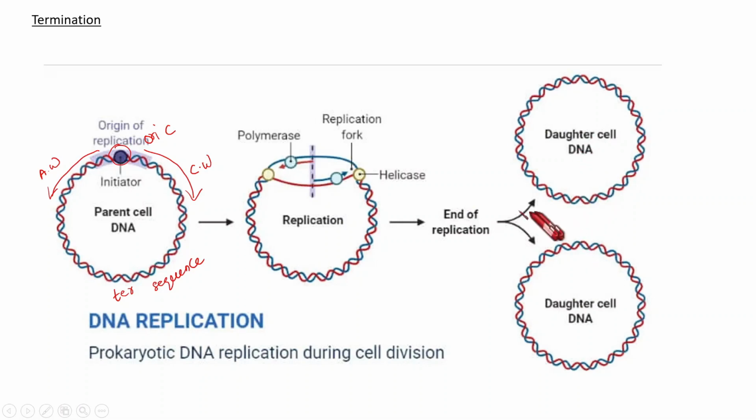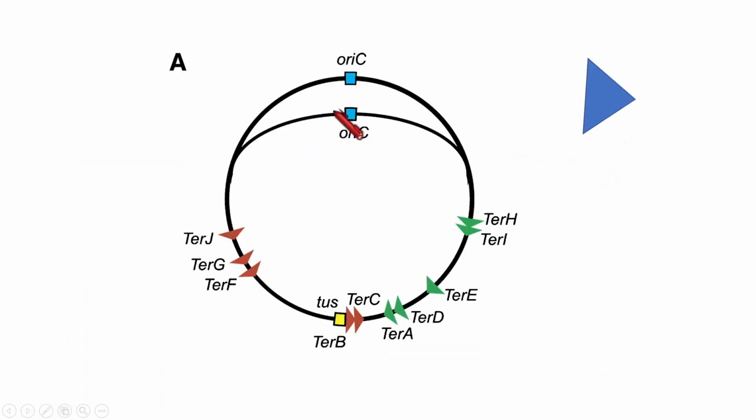And for making things more clear, I will explain about this ter sequence and how it terminates or stops the DNA replication. So in this picture, you can see two types of ter. Why are two types of ter sequences here?